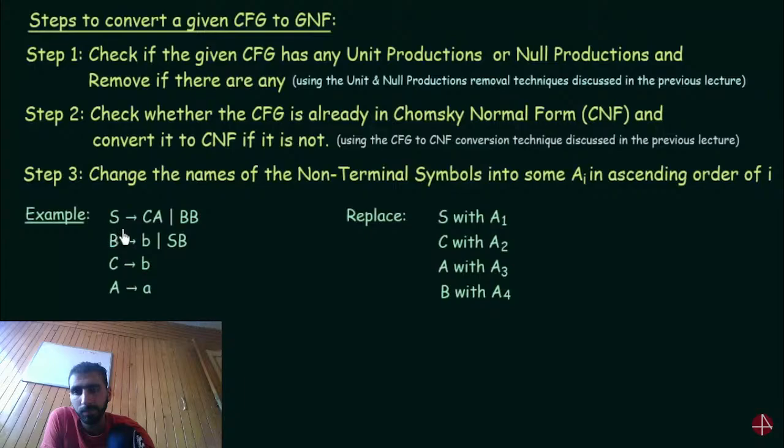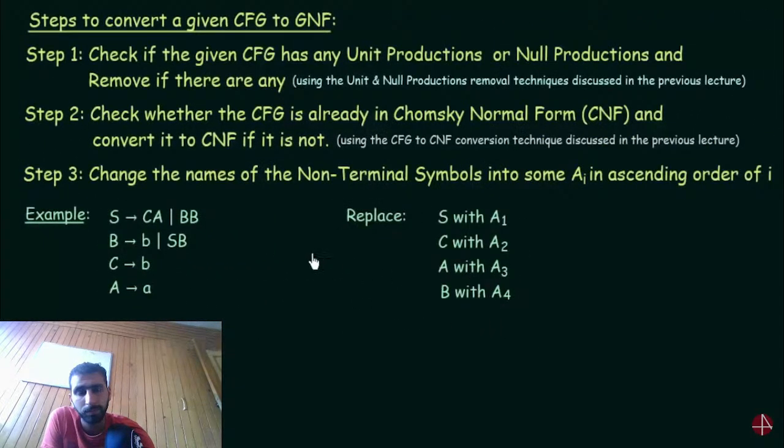So here we have S, so I call it A of 1, and then the next one is C, I call it A of 2, A, I call it A of 3, and B, I call it A of 4. And if you come to the next production, it's B. We have already defined what is B, and the next one is S. S also we have already given the name, and then C and A also we have already given. So we have to replace the variables like this in ascending order.